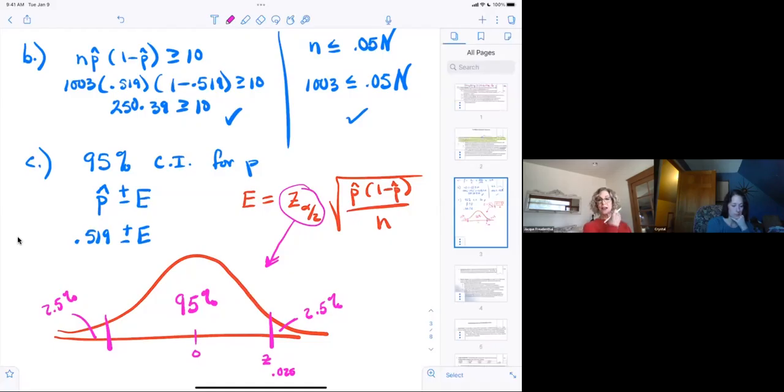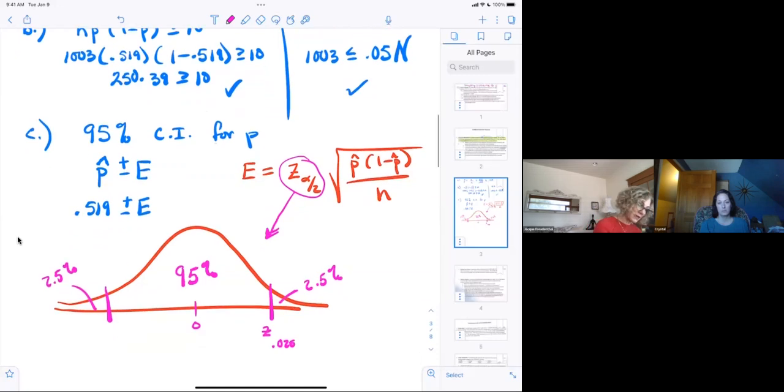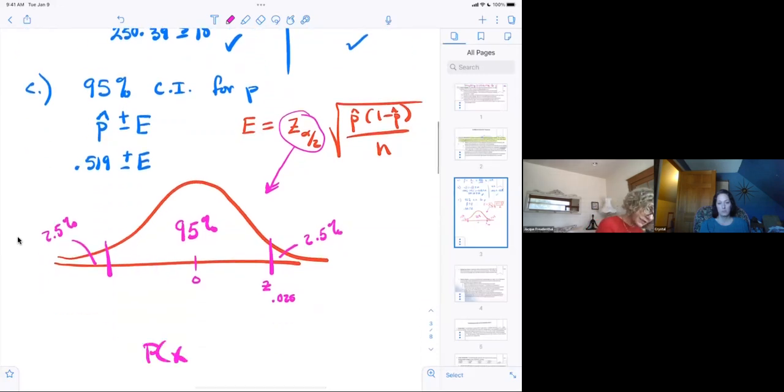So X would be greater than, and I know StatCrunch will say X even though we're finding z. That's just the way StatCrunch is, and we know we interpret it as z. So it'll say probability of X, you choose a greater than sign, you leave that number blank because that's what we're trying to find, equals 0.025.